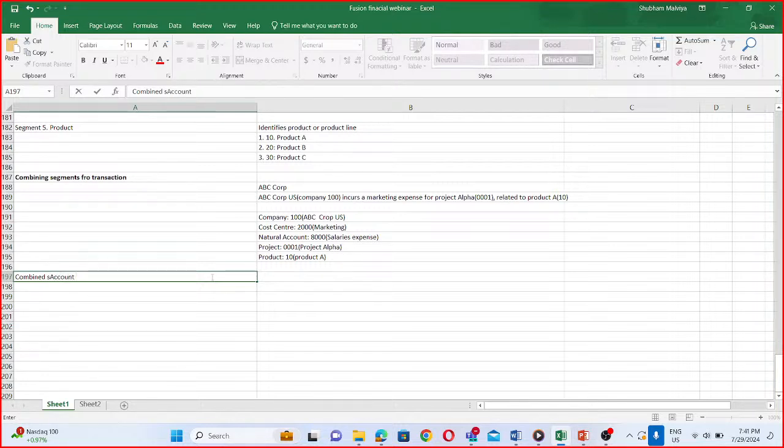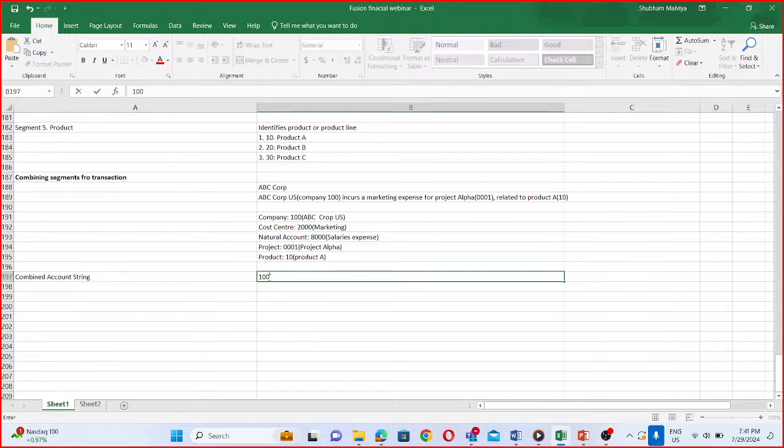The combined account string would be: company 100, cost center 2000, natural account 8000, that is salary expense, project 0001, then product A. So this would be the code combination.